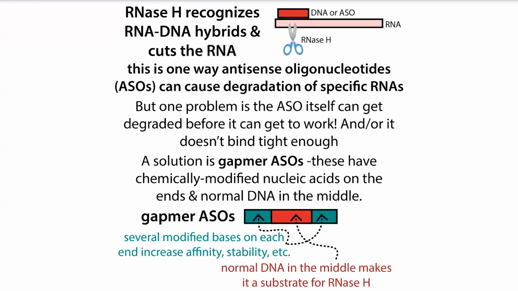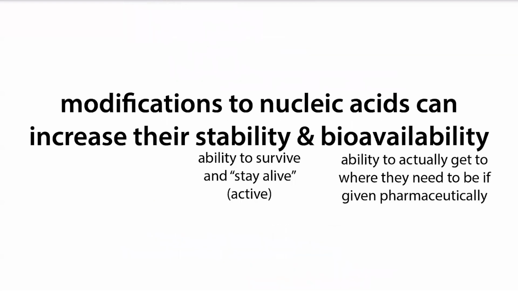So instead, we can make those modifications that RNase H doesn't like throughout the whole ASO. But if you want it to be cut, then you're going to want to have some normal DNA that can get cut. So let's talk about some of the modifications that we can use.